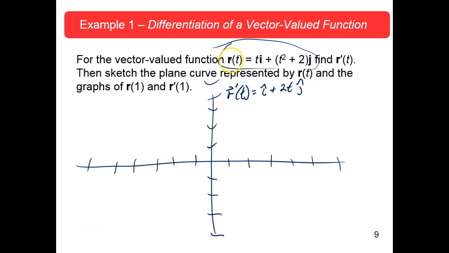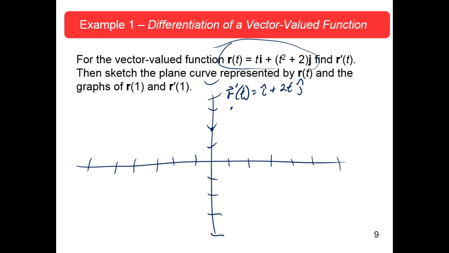We're just doing r of 0. So this would be right here, the point where r of 0 would be, pointing up there. Okay? Give me another t. 1. So that would be i plus 3j. So that would be right here.